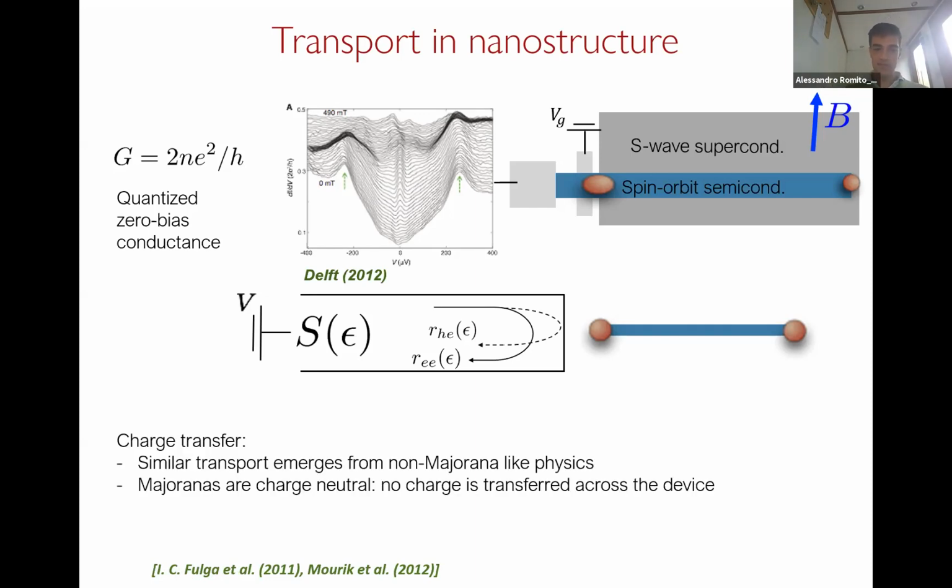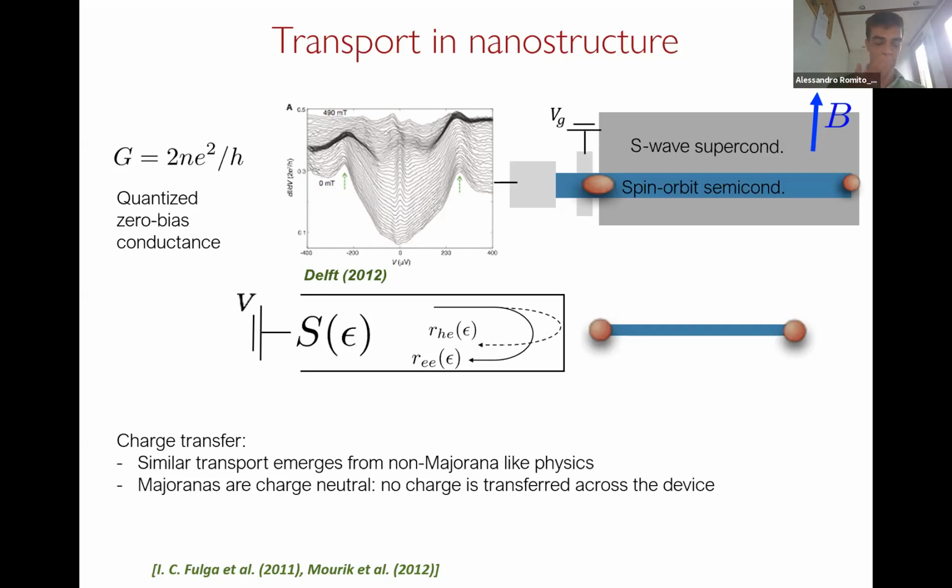But this electric transport, of course, can capture signatures of the Majorana physics, but also has some limitations, I would say. So the Majorana are essentially neutral particles, which gives some symmetries between certain processes of electrical transport and prevents, for example, the transmission of charge across an infinitely long or extensively long wire.